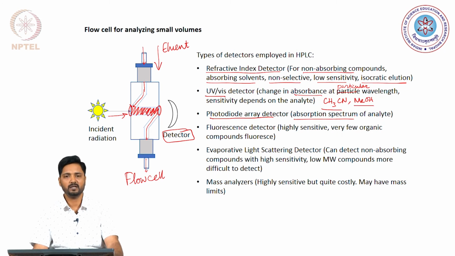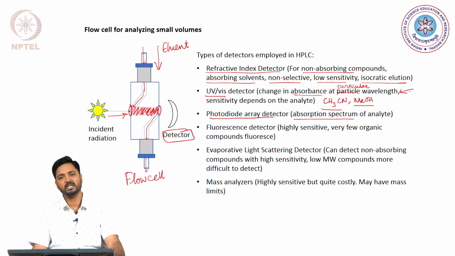And this is where the key difference between the UV vis detector and the photodiode array detector is. In the photodiode array detector we get the complete absorption profile, while in the UV vis detector we are only observing the changes in the absorption at a particular wavelength.